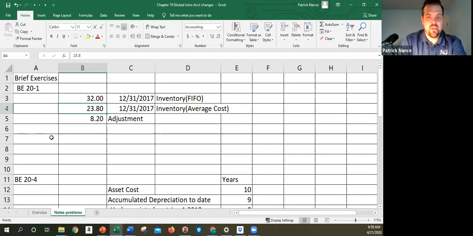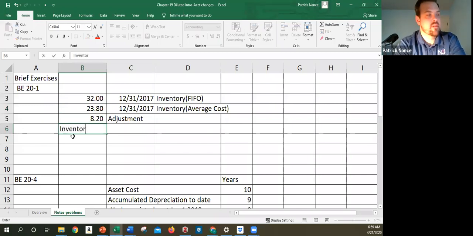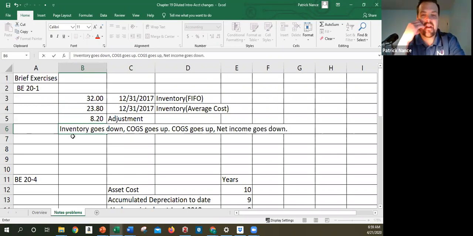Just to be clear, my inventory goes down, that means my cost of goods sold goes up. If my cost of goods sold goes up, then my net income goes down, right? So higher cost of goods sold will result in a lower net income, which means my retained earnings should be reduced.